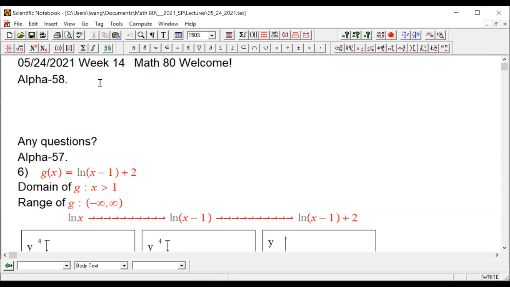We're going to be doing some deriving. How does deriving work? Basic, the definition.